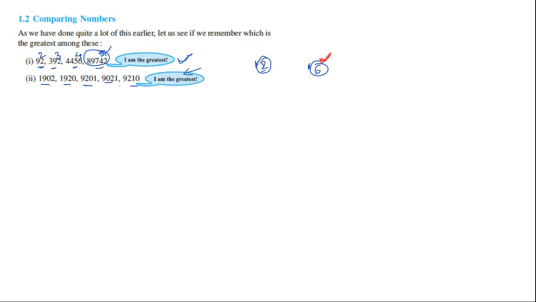Why? Because the tens digit is the same. If I write the numbers like this, 11, 12, 13, the 1 will always repeat. If I write numbers like 21, 22, 23, this 2 will always repeat. So the digit deciding whether the number is greatest or smallest is the ones place digit.